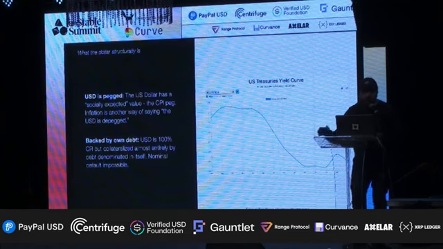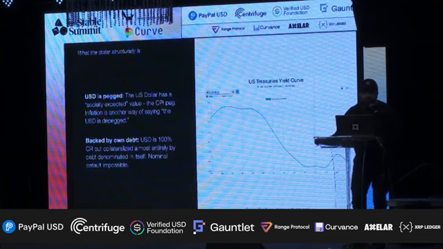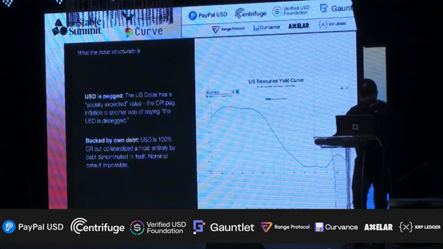And what the dollar actually is structurally in terms of how it works is that there's some socially expected value that the Fed tries to keep the dollar at, right? Everyone knows the CPI plus 2.5% target that the Fed's mandate is in terms of keeping the U.S. dollar's purchasing power, right?